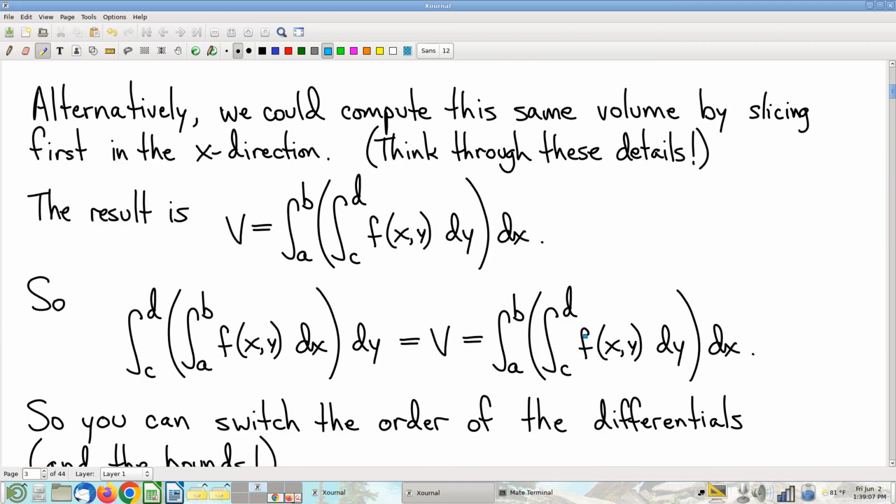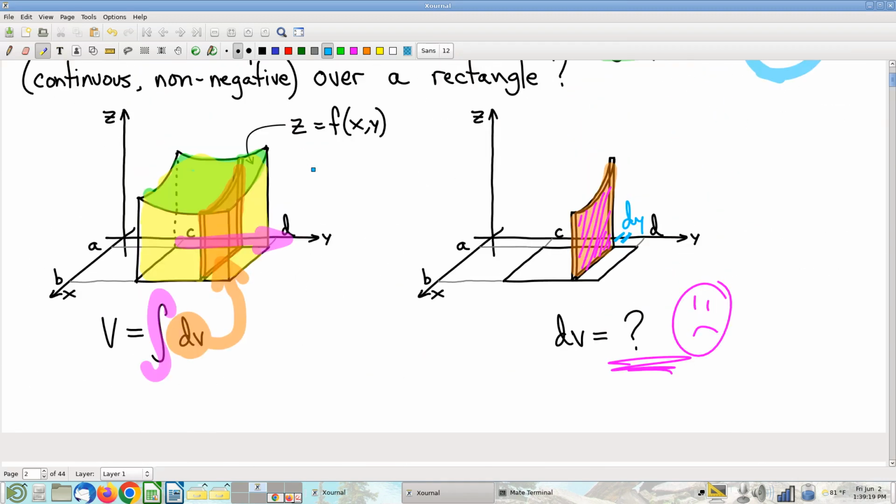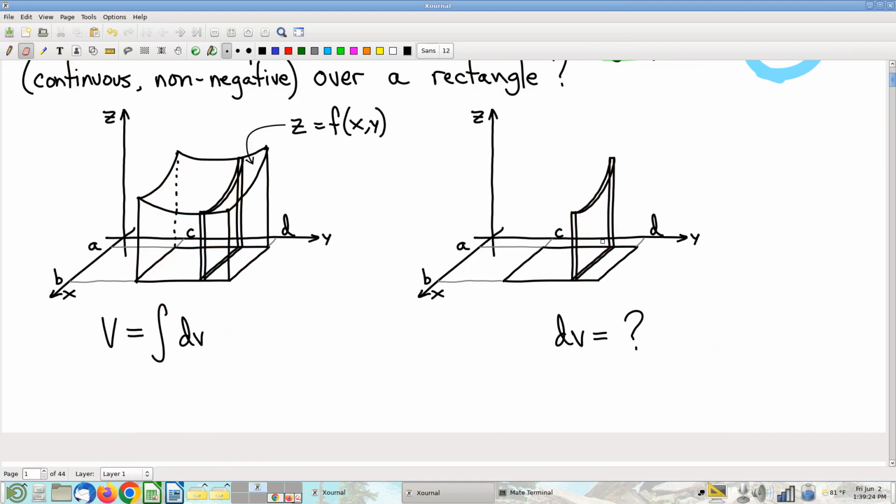Okay, real quick exercise for y'all to do on your own. What if you were to slice the other way first? Now, let me go back over to here, point out what I'm talking about. I had this great big loaf of bread here, and I was doing my slices first perpendicular to the y-axis.